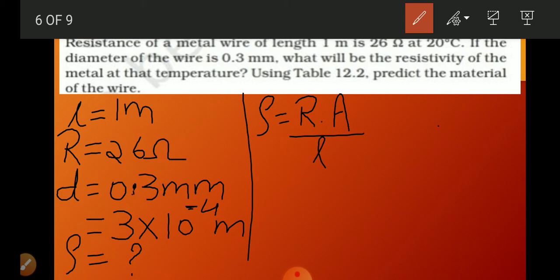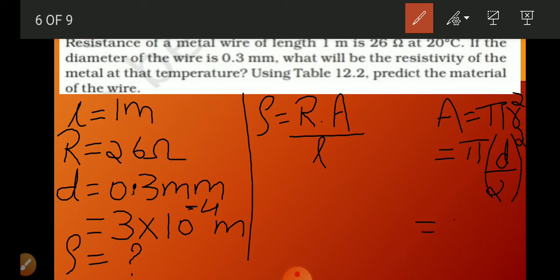Therefore, area is equal to pi r square. Radius is not given, diameter is given. So radius is diameter divided by 2. Therefore pi in place of radius, diameter divided by 2, squared. Therefore you are going to get pi d square divided by 2 square, which is 4.